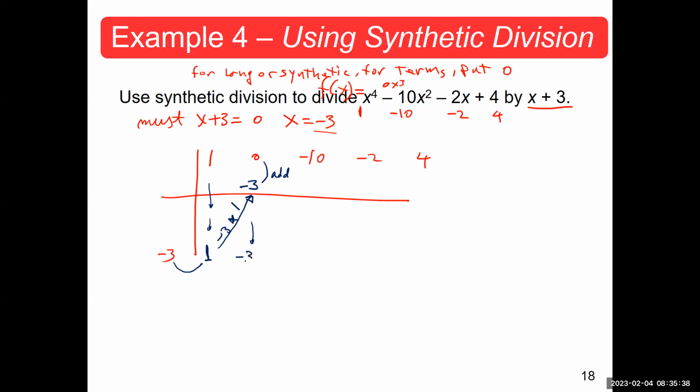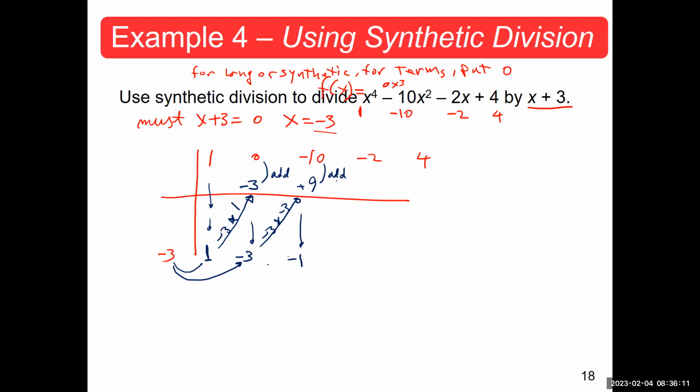It's going to be negative 3. We repeat: multiply negative 3 by negative 3, you're going to get positive 9. Again, add those two numbers. Negative 10 plus 9, that's negative 1. We put the answer down here, negative 1.